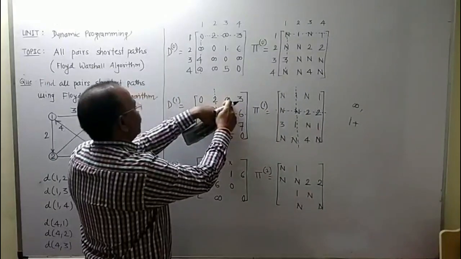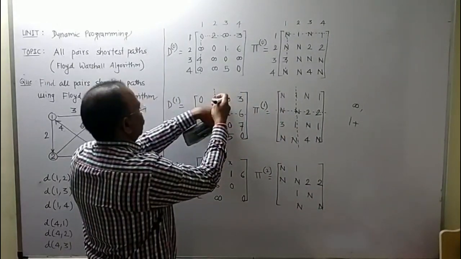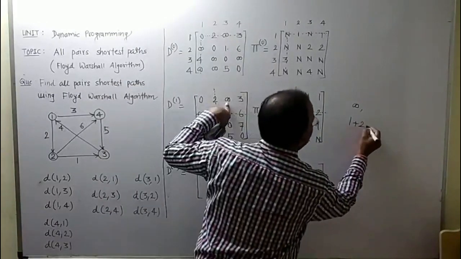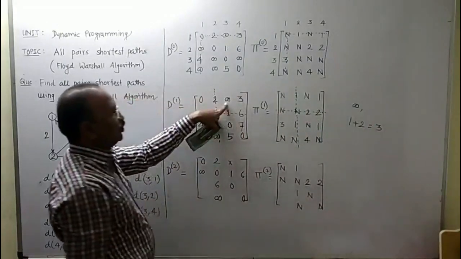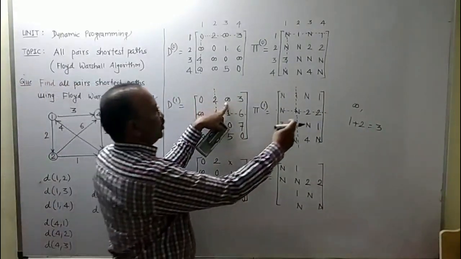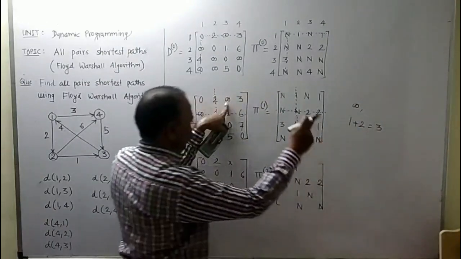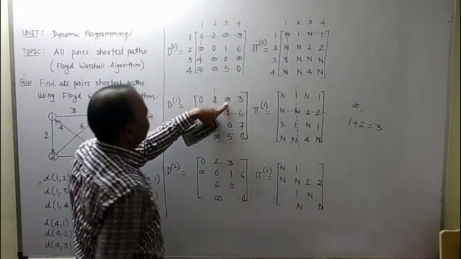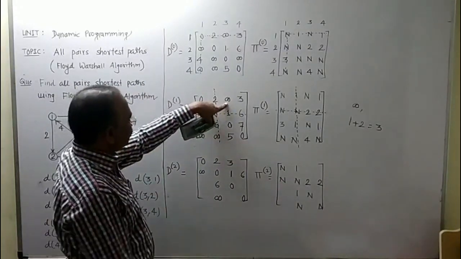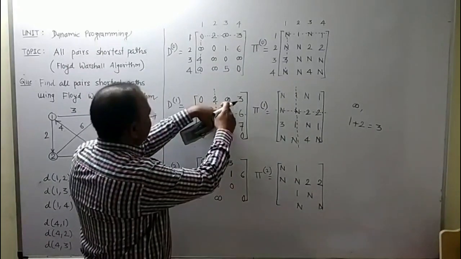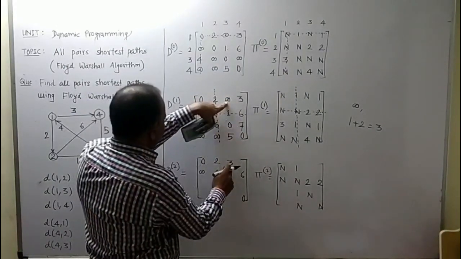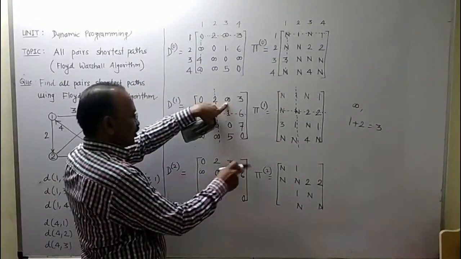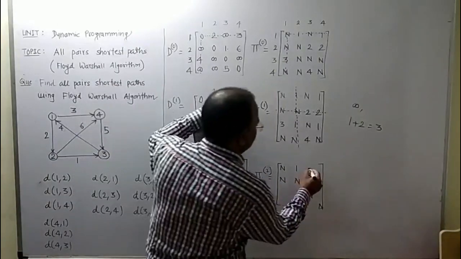Then from the same place travel to the left side so that we touch the vertical line. Here the value is 2. That is 1 plus 2 is 3. We have two values, infinity and 3. So which one is the minimum? 3 is the minimum. So write 3. Now here the value will change. In D1 it is infinity, now in D2 it is 3. It is changed. Once it is changed in D2, it has to be changed in pi 2 here.